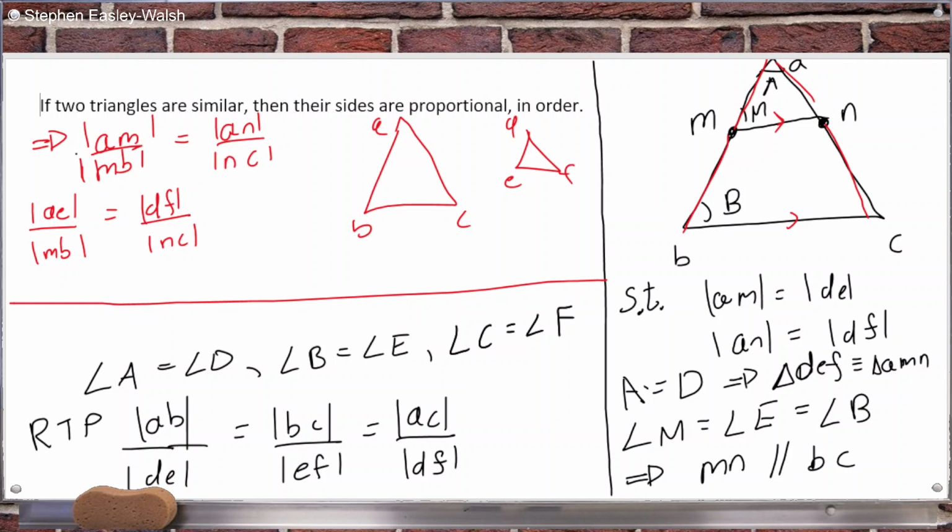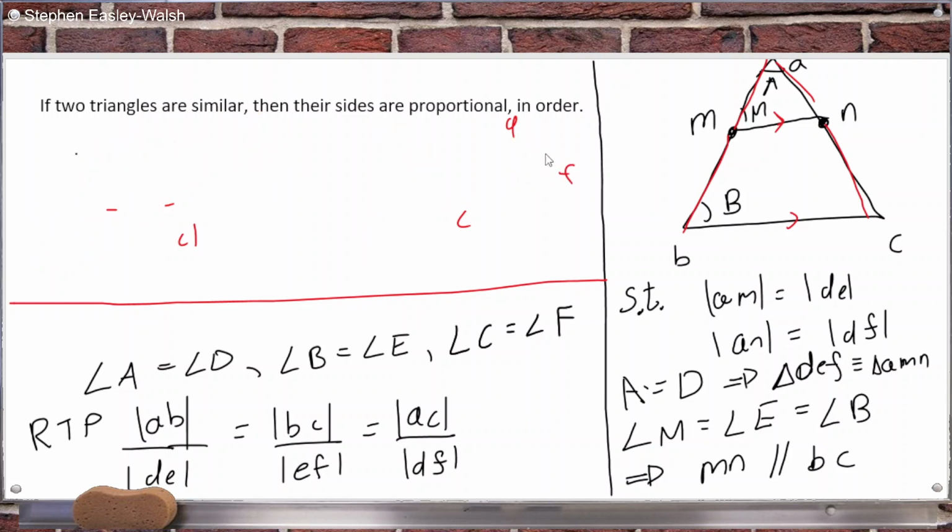Oh, you know what? I've just realized I've written this down the wrong way. That's making my life a little bit harder. Sorry. It's more normally stated as this length compared to the total length is the same as this length compared to the total length. That's what the theorem properly says.